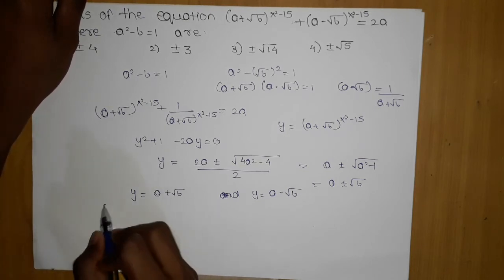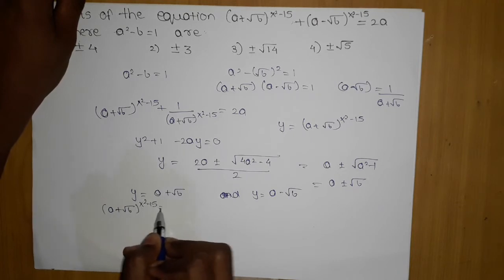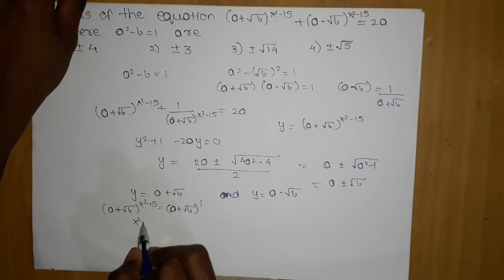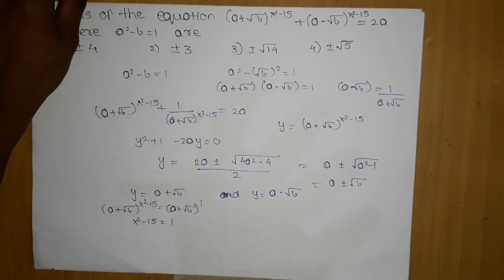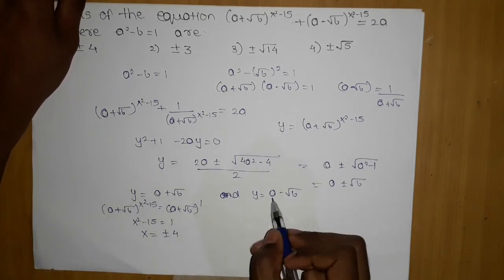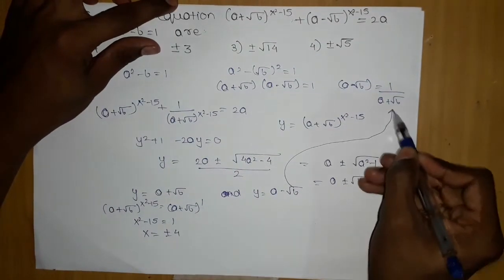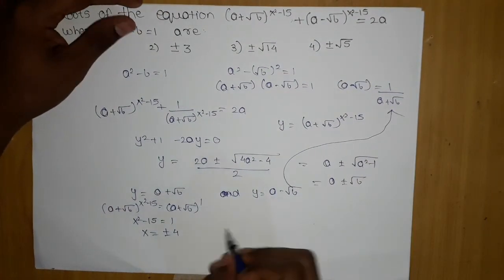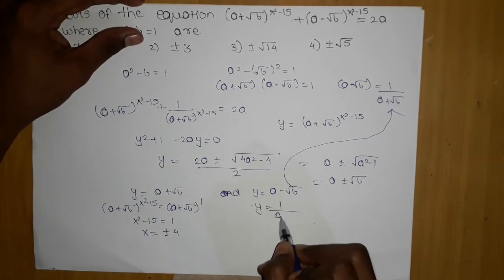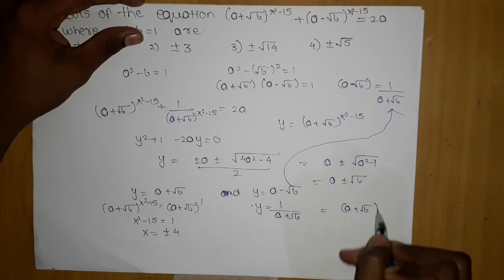Now for this, y actually was x square minus 15, and here we are comparing it with this. It has power 1, so x square minus 15 should be equal to 1 by comparing the powers, and here we have plus minus 4. Now a minus root b we can get using this. If I use this, I can write it as a plus root b to the power minus 1.